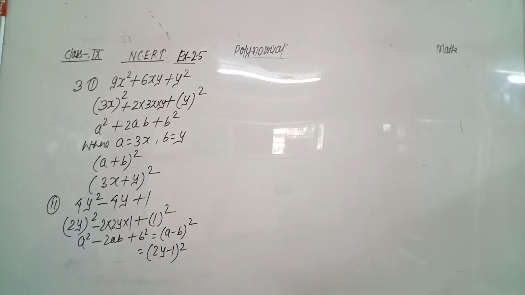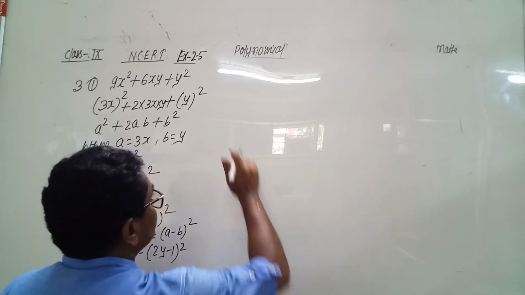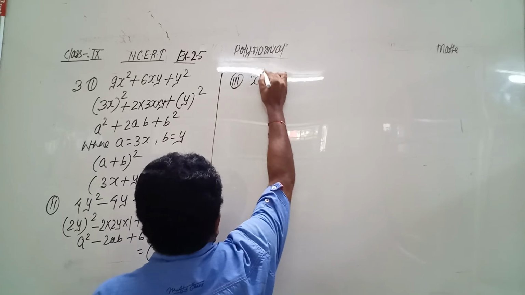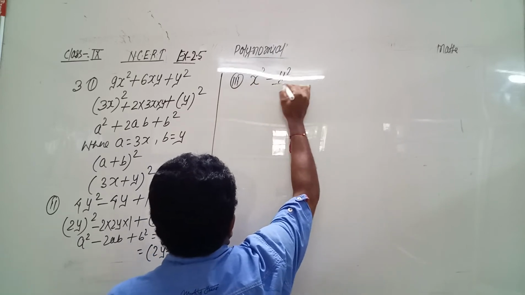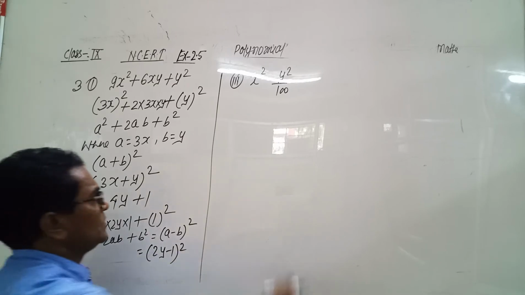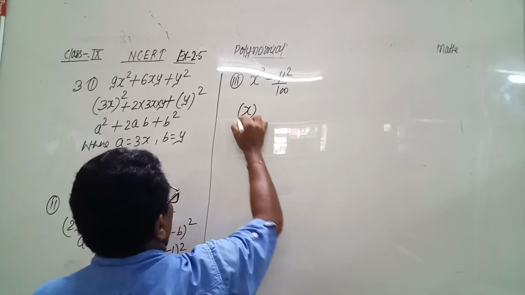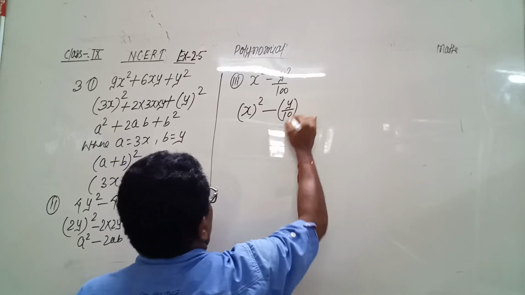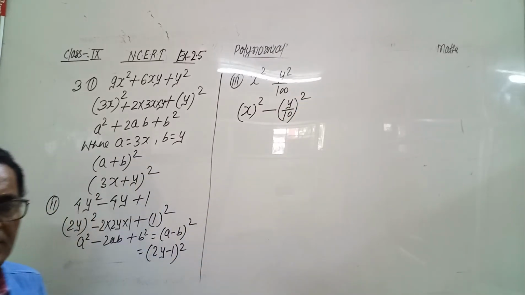The third part, x square minus y square upon 100. So both the terms will be written in terms of whole square: x the whole square minus y by 10 the whole square.